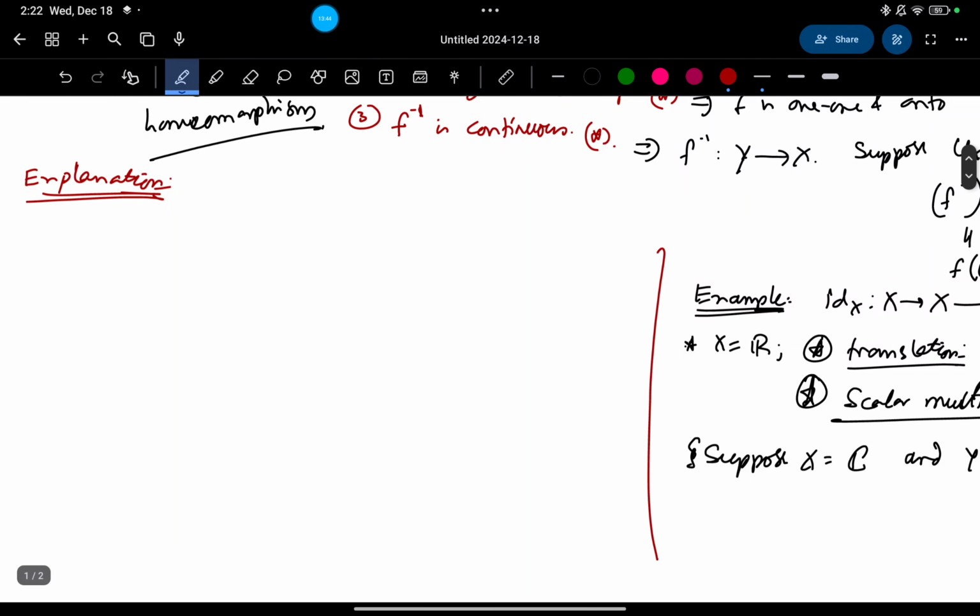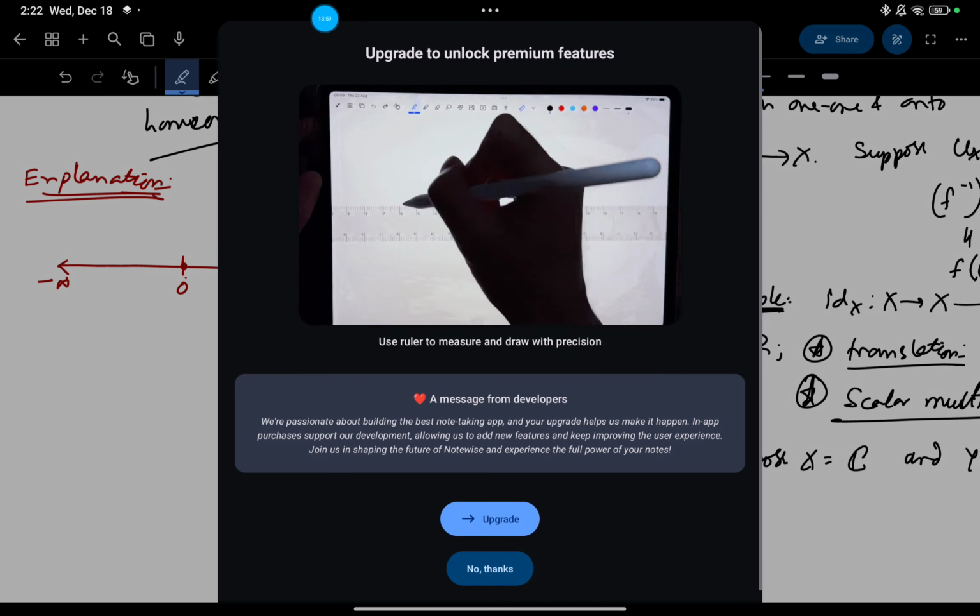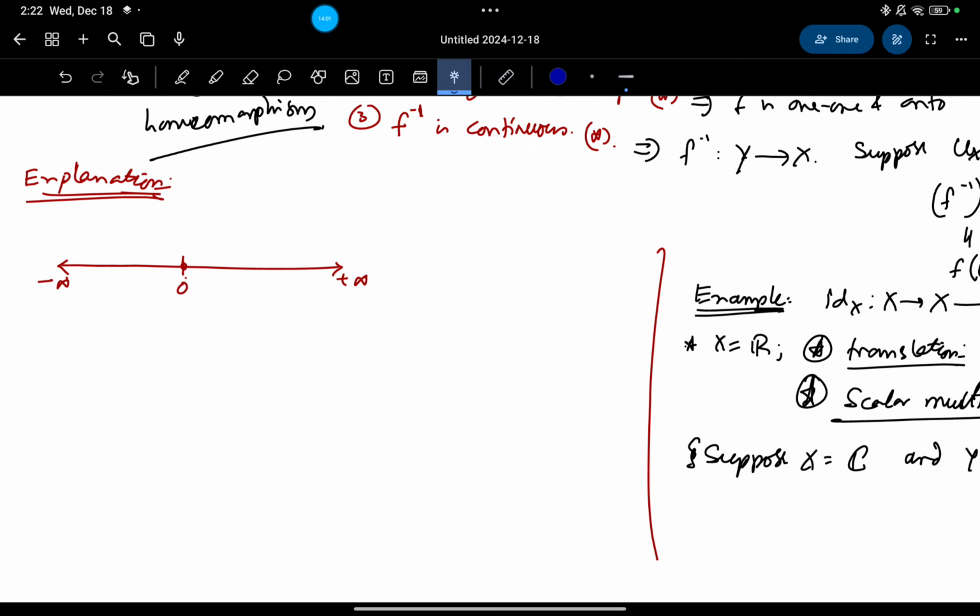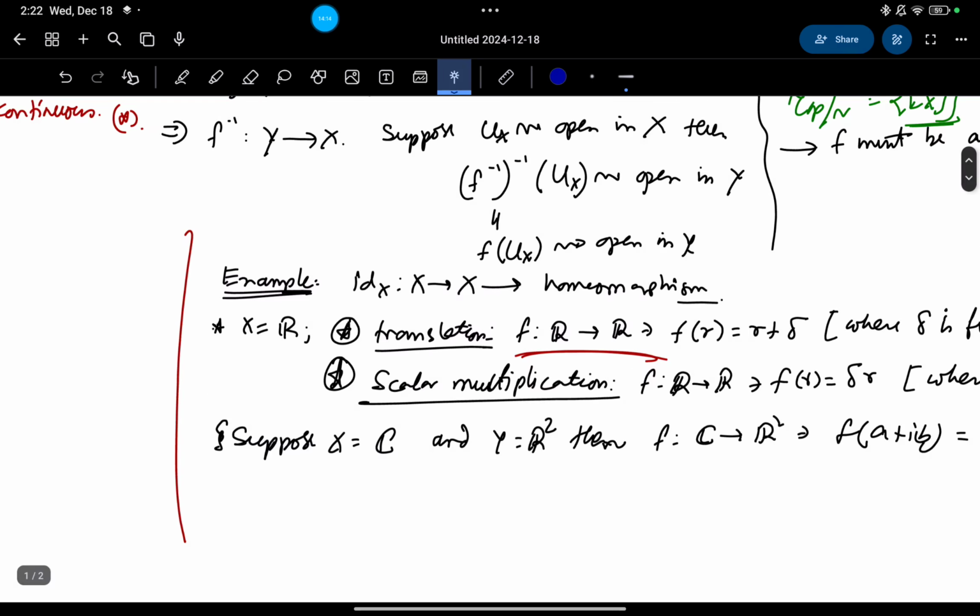So that means if you have, let's say, R like this, from minus infinity to plus infinity, and you take any point here, it will be taken to something like this. So if it is r, it becomes r plus delta. So that is the translation part. So every point is basically running over like that. So these are segments. Scalar multiplication is also something like that.